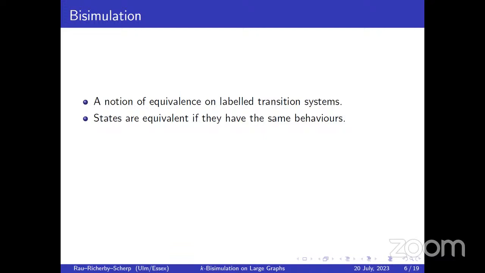And the idea in bisimulation is that we're going to define states to be equivalent if they have the same behaviors, okay, if they support the same operations, but not just at the next step, right, for all steps in the future. So two states are going to be bisimilar if whenever you start at this one and apply a sequence of transitions to get to somewhere else, well, if you start at this one and apply the same sequence of transitions, you'll get to somewhere that's equivalent.